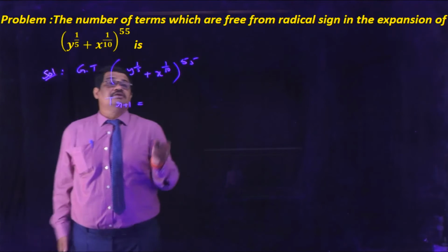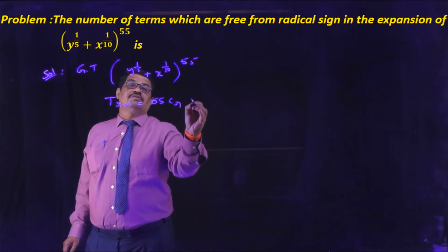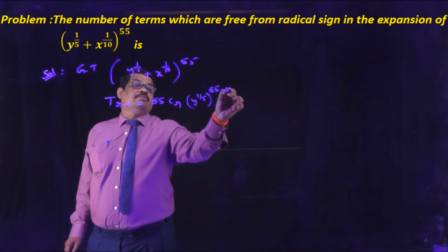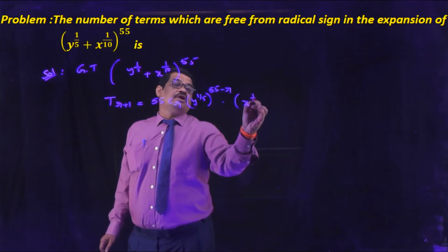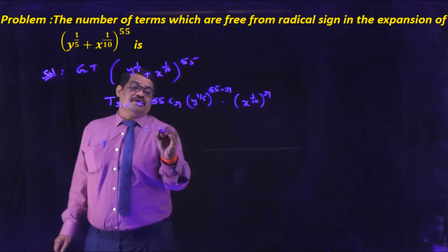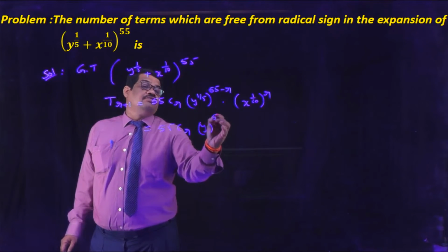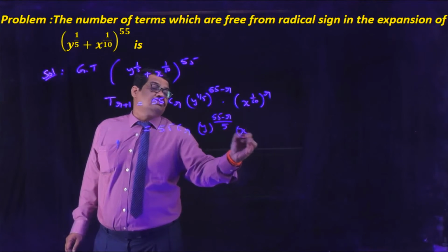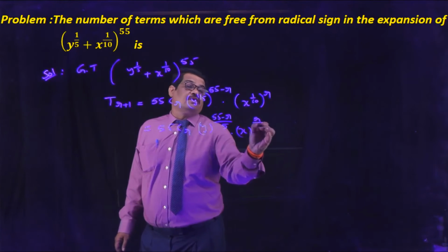What is here? n is 55. 55Cr, the first term, y to the power of 1 by 5 whole to the power of 55 minus r, into the second term, x to the power of 1 by 10 whole to the power of r. So this can be written as 55Cr y to the power of (55 minus r) by 5 into x to the power of r into 1 by 10, that is r by 10.